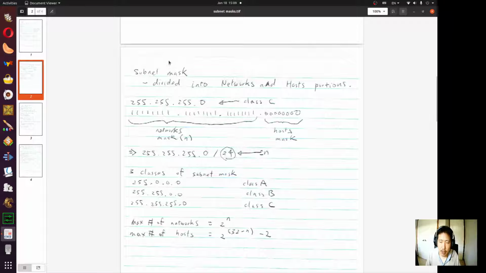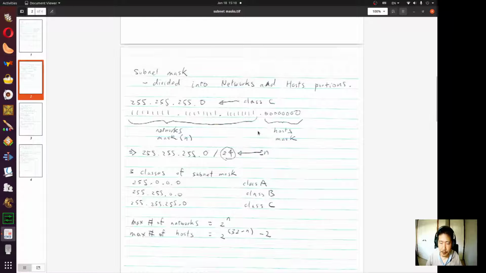Now for the subnet mask. Subnet mask is divided into network and host portions. This is called a class C subnet mask. We'll see why in a minute. 255.255.255.0. If you represent that in binary, it becomes this.